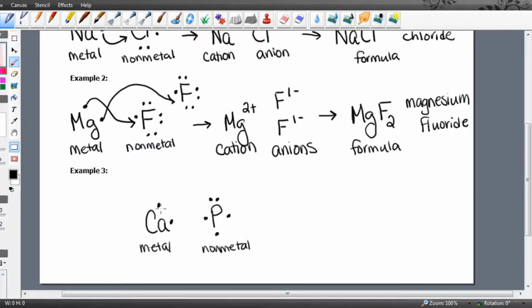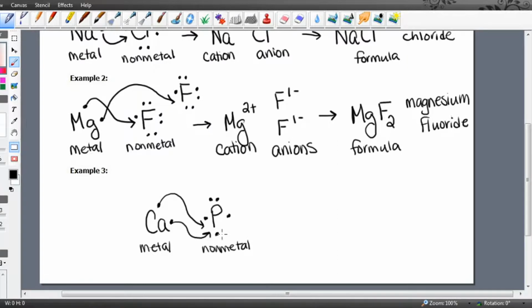The metal is going to lose its valence electrons to the nonmetal to satisfy the octet rule. So there goes 1 valence electron, and there goes the other. Calcium is now stable, got rid of its 2 valence electrons, but the phosphorus is not. Still has an unpaired valence electron, so it only has a max right now of 7. It needs 8.